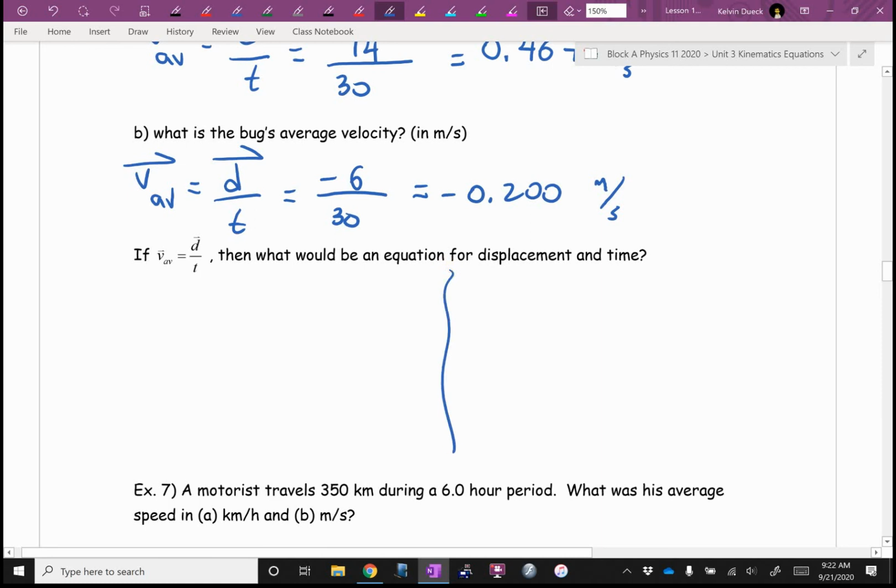Since we're going to find 2 equations, let's draw a little line down the middle. I want to get the d by itself. So I'm going to write down V_av equals d over t, and I'll bring in the vector symbols.